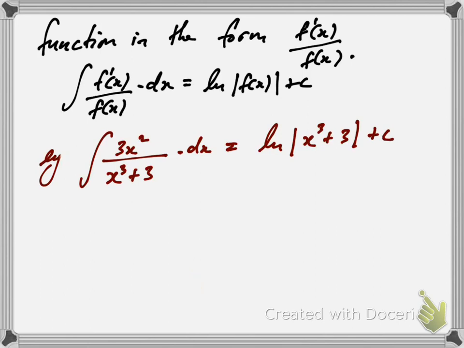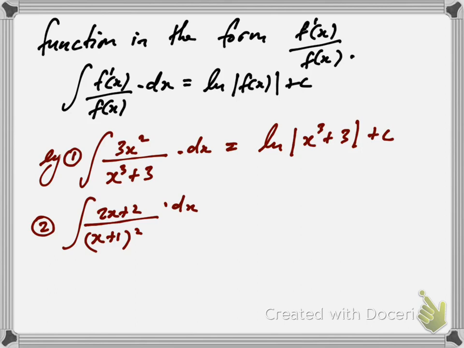Let's do another example which is slightly different. How about 2x plus 2 over x plus 1 squared dx? If you have something like this, I would expand the bottom just to see what I get.